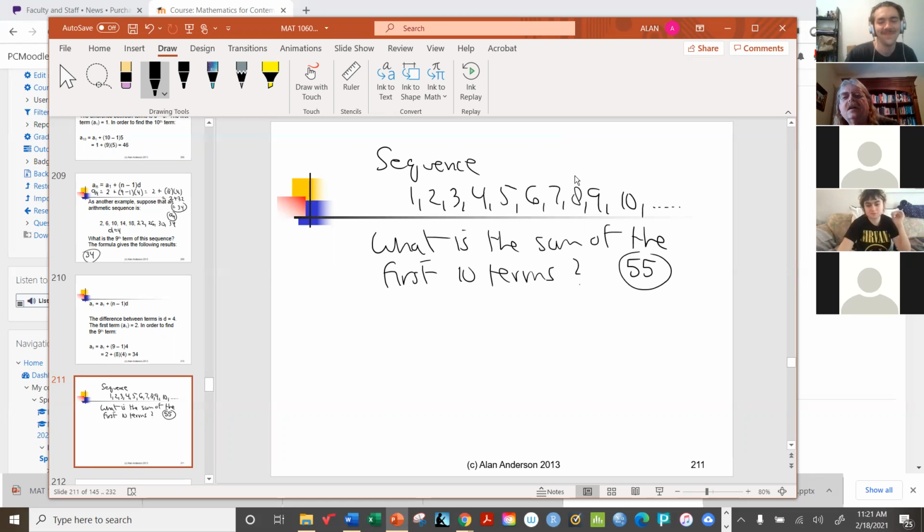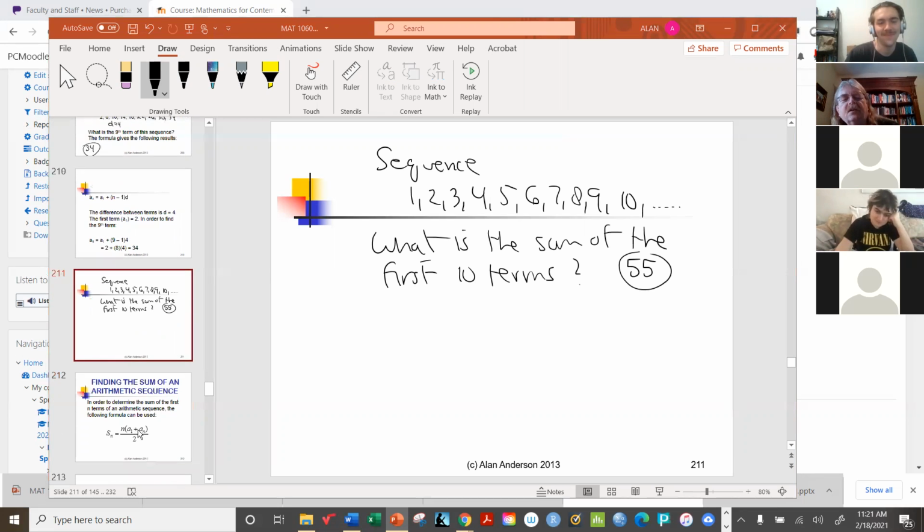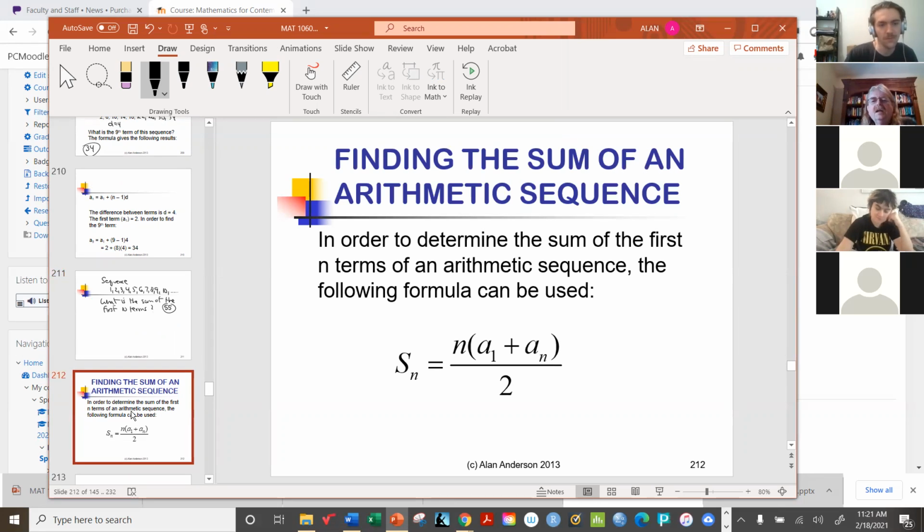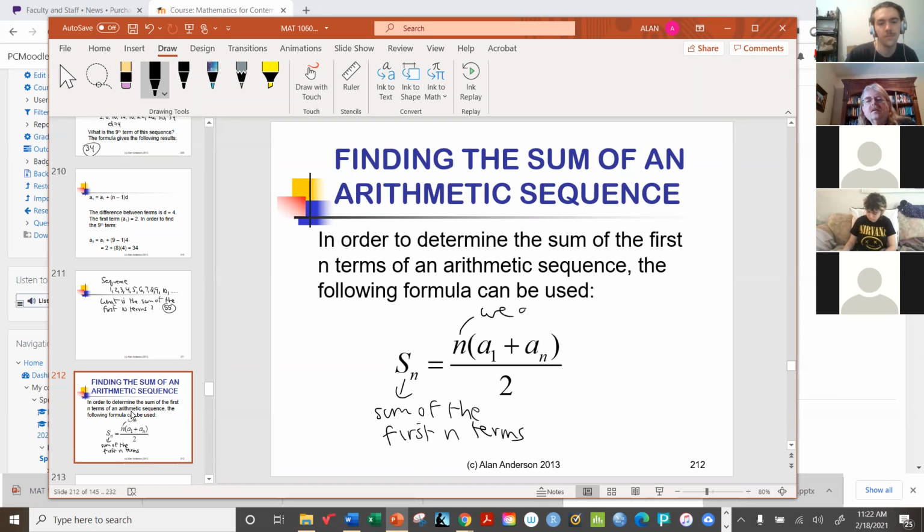Okay, anyway, here we go. So the formula is this. Now, it's a little bit trickier, but not too bad. So Sn means the sum of the first n terms, the first sum we are looking for.